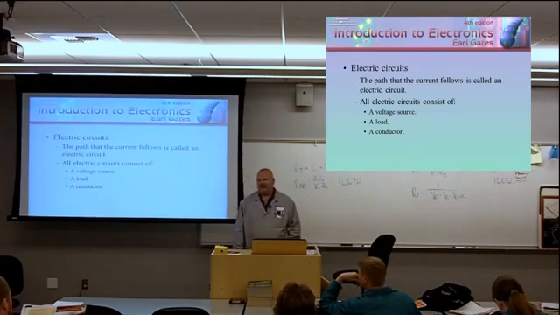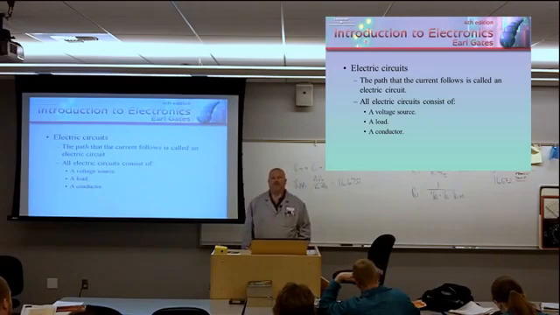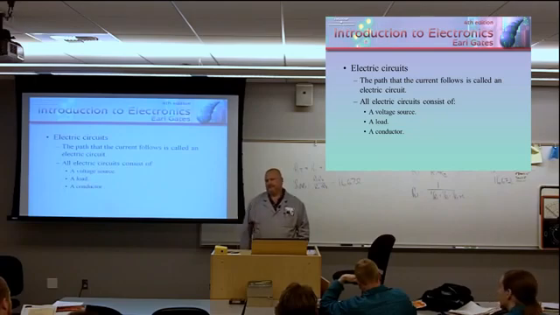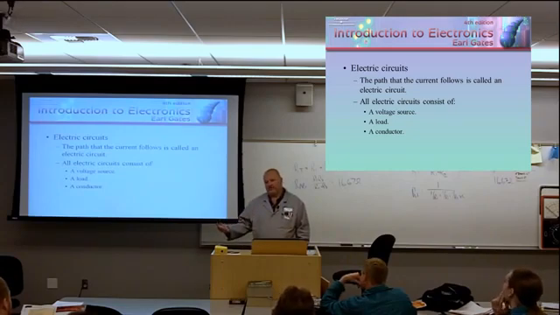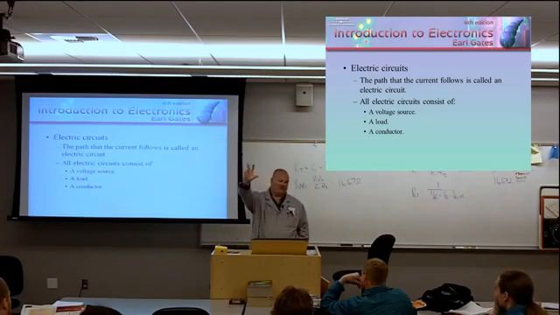An example of an electric load would be a light bulb, a motor, a heater. It converts electric energy into light, heat, motion. A conductor, electrical conductor, transfers the energy, the electric energy, the current, from the source to the load. You have to have those 3 parts of a circuit, or it's not a circuit.